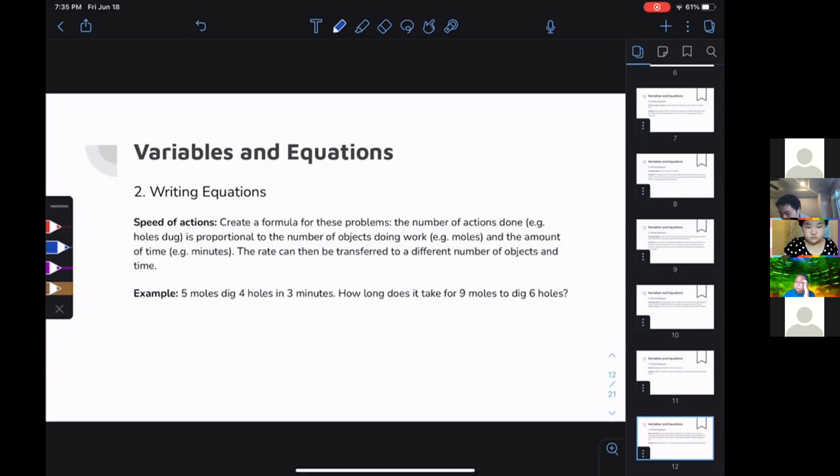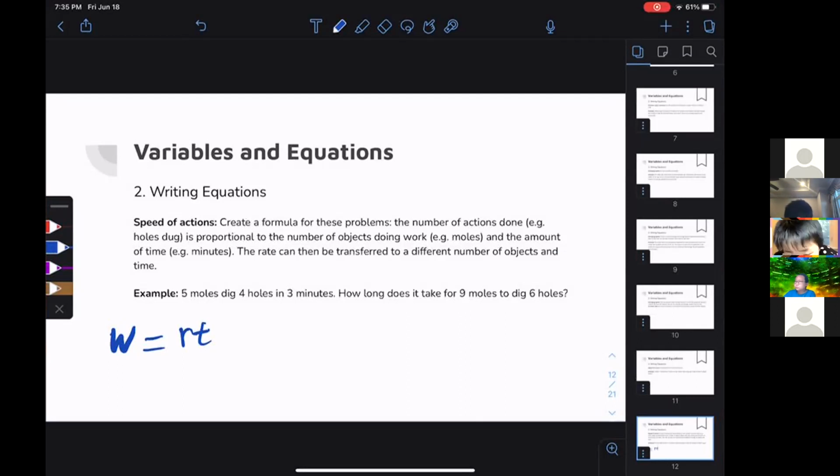Alright, so we can assign the work done is equal to the rate at which they work times the time. But then the rate, of course, is proportional to the amount of moles there are.